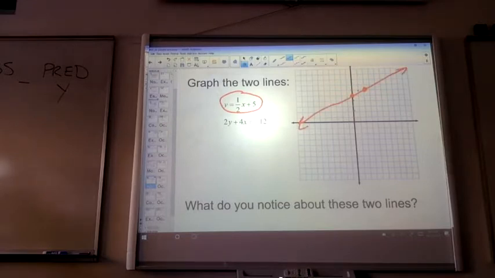All right. I can do this one with the cover method. What is y equal to if I cover the x? -6. And what is x equal to if I cover up the y? -3.